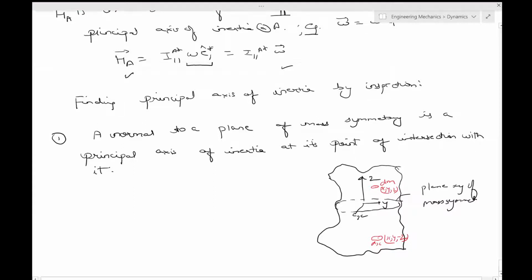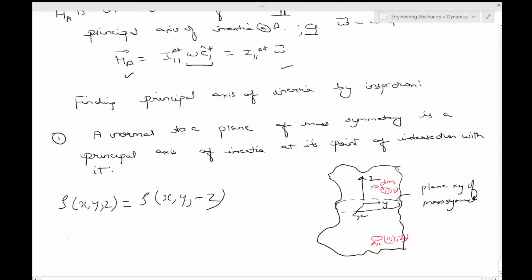Because of this symmetry, you will have rho of x comma y comma z is the same as rho of x comma y comma minus z. So this is a symmetry about the xy plane.